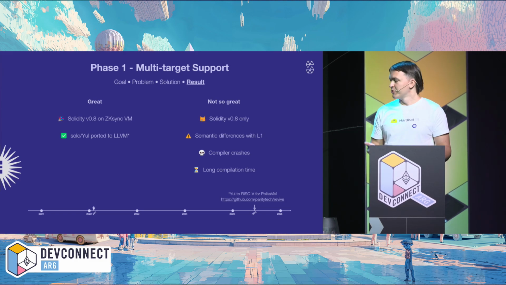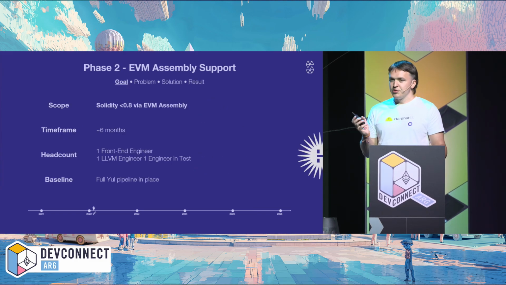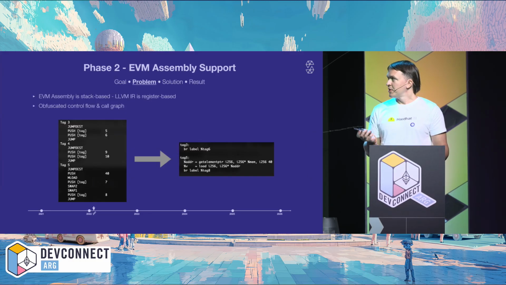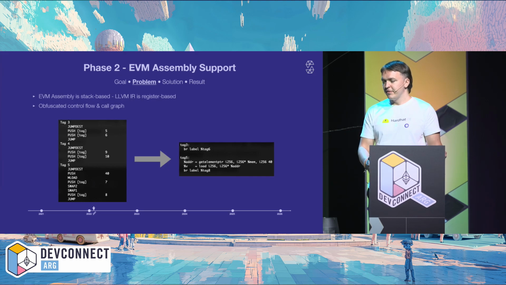So at some point, we realized that we had to support the EVM assembly as well. It was challenging for a couple of reasons. The first reason is that EVM assembly is a very low-level stack-based representation, and LLVM IR is register-based. The second reason is that the control flow is not explicit in EVM assembly.